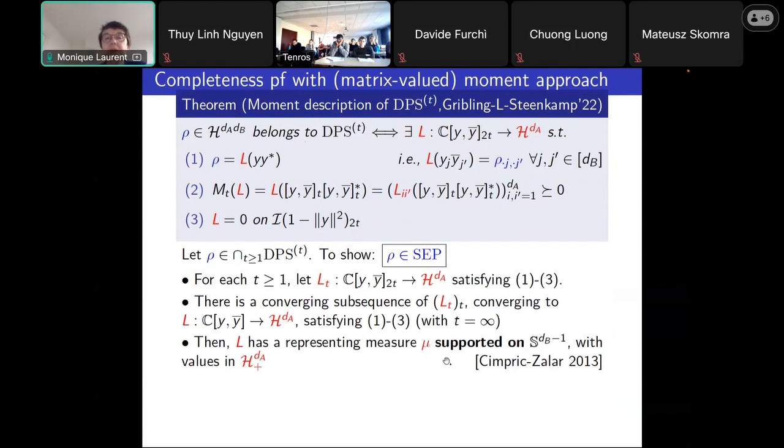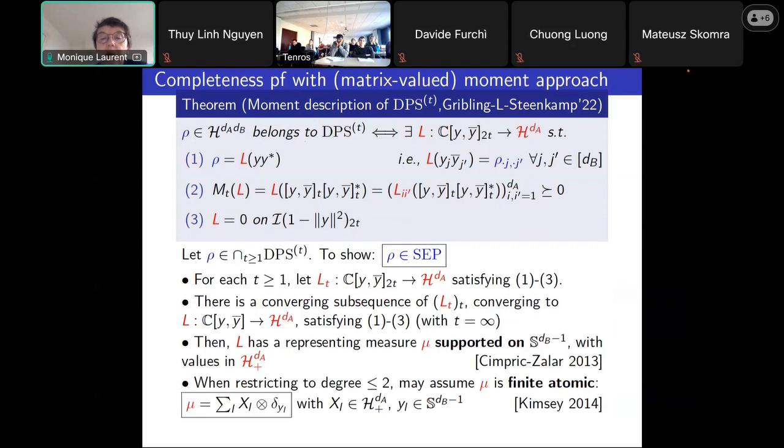And finally, we're almost there, because now we are interested only in evaluating L at monomials of degree 2. Then we know that we may assume that mu is finite atomic. And if we spell out what it means, we are going to find exactly the representation of rho as a separable decomposition.